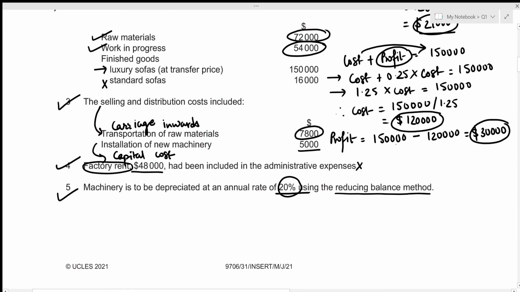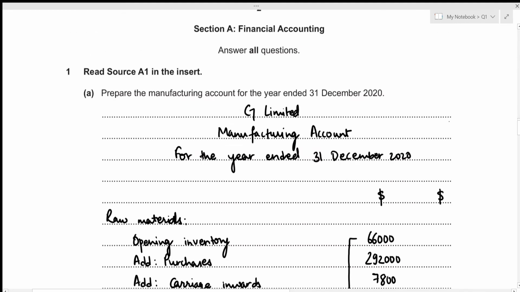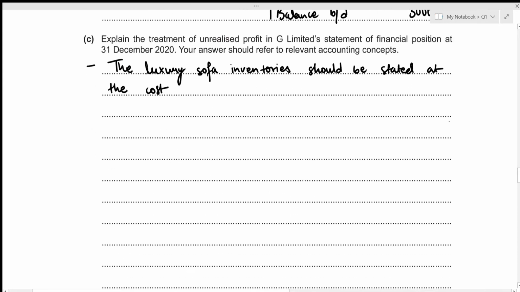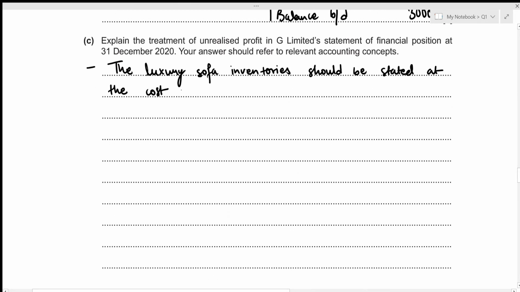So the cost should have been that of 120,000. Let's include it as well. The cost of 120,000. And we figured this cost out by calculating the unrealized profit had been 30,000 and which should have been deducted from our transfer price of 150,000, right? Let's write it down as well.